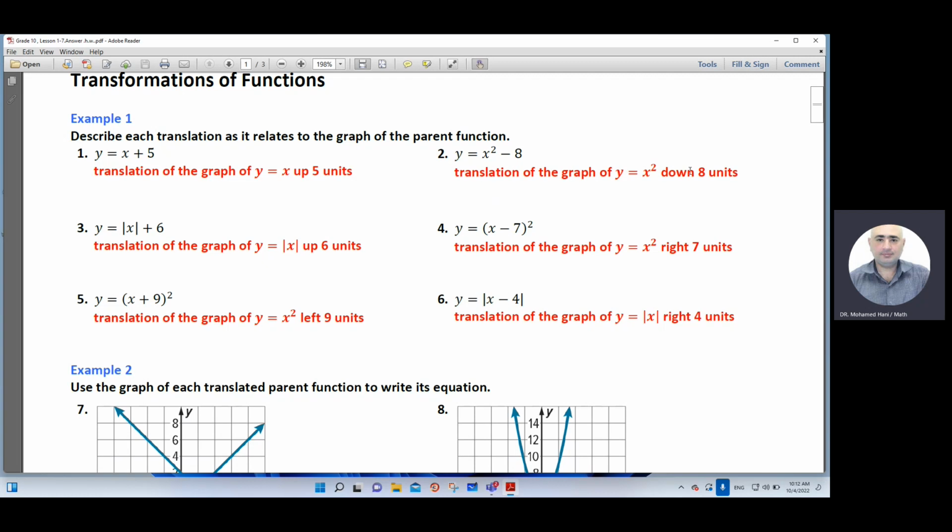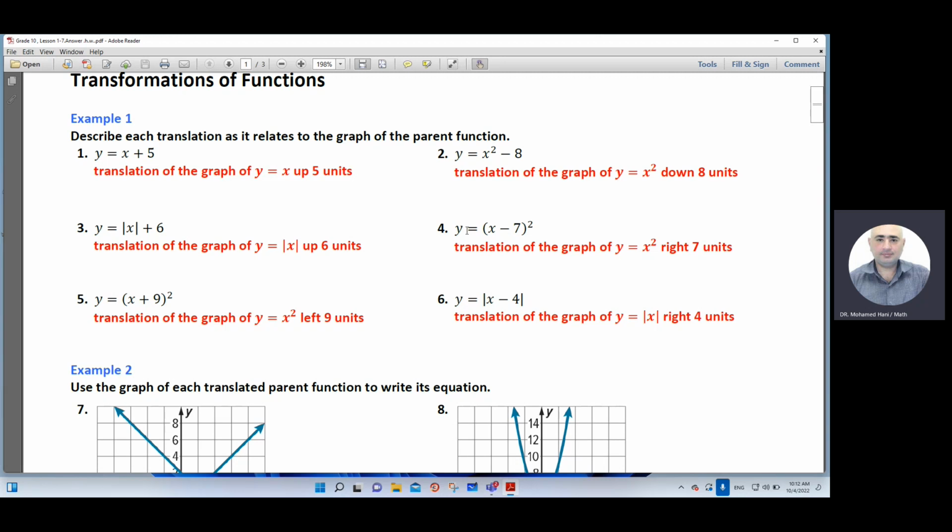Down 8 units. So you can write here the solution with me. The third one, who can tell me what is the name of this function? Absolute, because we have absolute value. Great. And the k, positive or negative? Positive means you have up 6 units. Up 6 units. Right.